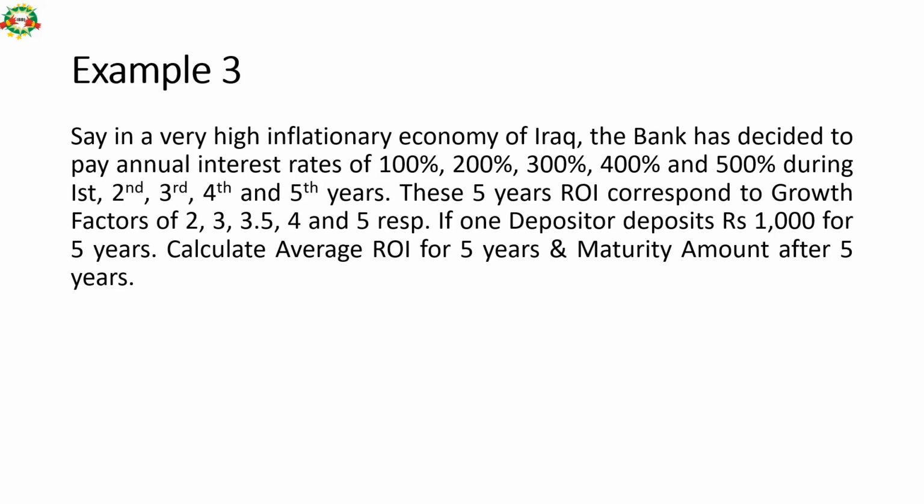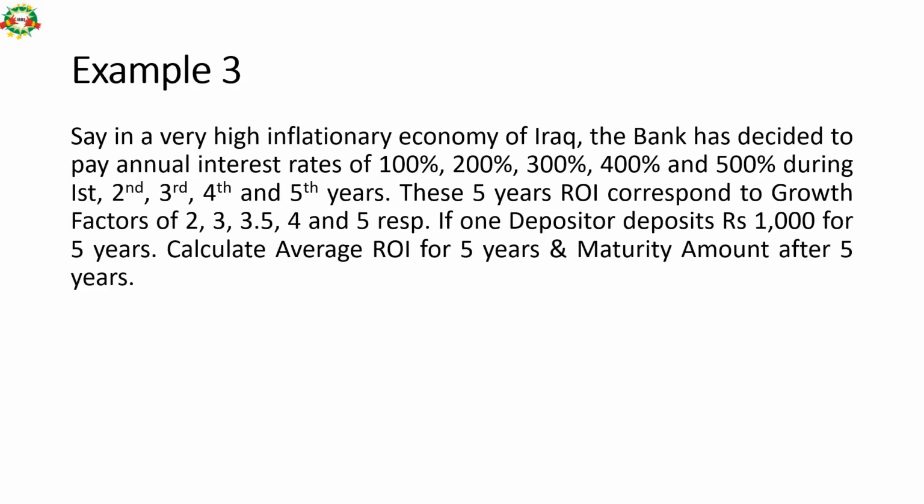Say in a very high inflationary economy of Iraq, the bank has decided to pay annual interest rates of 100%, 200%, 300%, 400%, and 500% during the first year, second year, third year, fourth year, and fifth year, respectively. These 5 years' rates of interest correspond to growth factors of 2, 3, 3.5, 4, and 5 respectively.